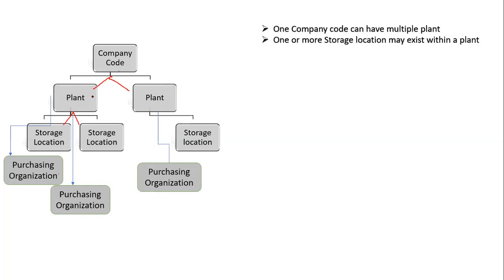One company code can have multiple plants, but one plant cannot have multiple company codes. Second, one plant can have multiple storage locations, but one storage location cannot have multiple plants. That is the reverse of it. Third, as I have already said, two plants cannot have a common storage location. That is, one storage location does not have multiple plants.